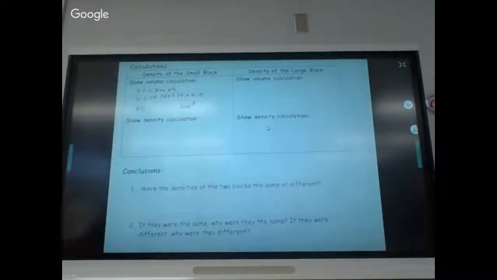Yes, I put 14.9 for large. That looks like 14 to me. Okay, so looking at it like this, this is the height.